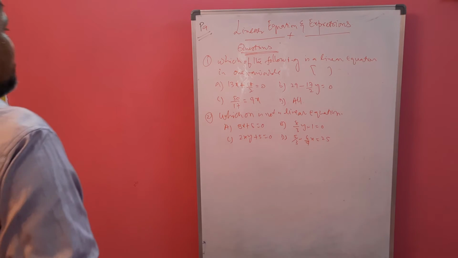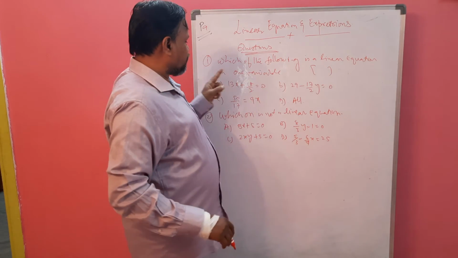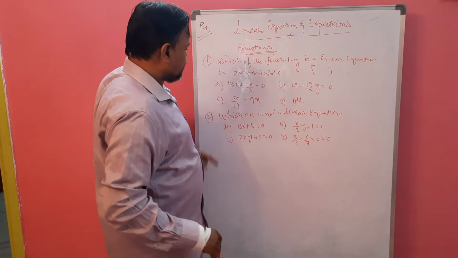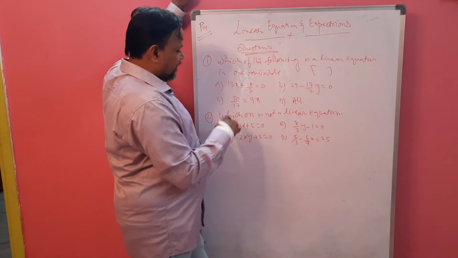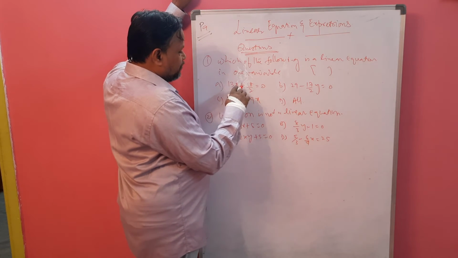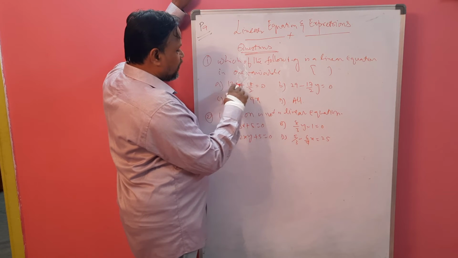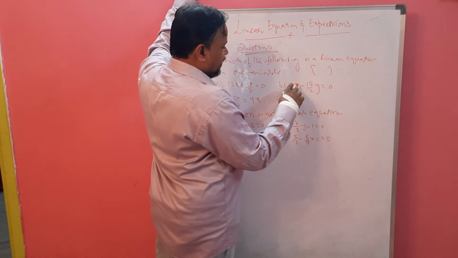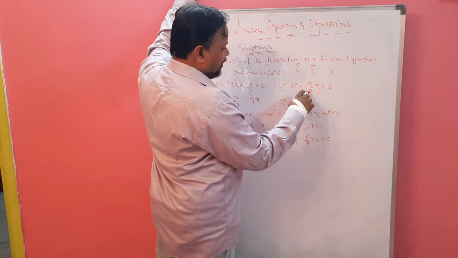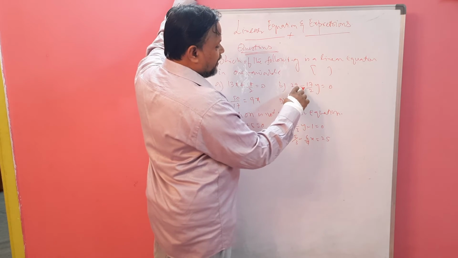Now some questions. Which of the following is a linear equation in one variable? First question is there. One variable and linear equation. 13x plus 18 by 2 is 0. Here x is the variable, these two are a and b. So this is also a linear equation. Here 29 minus 17 by 2y, the variable is y, and it has a and b.